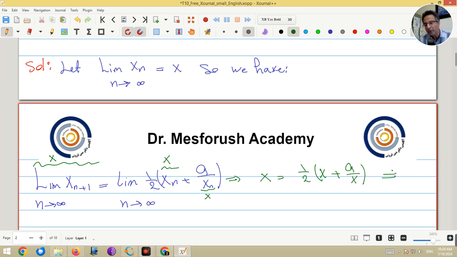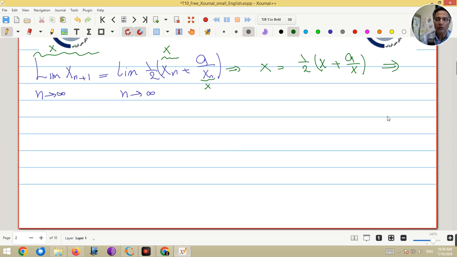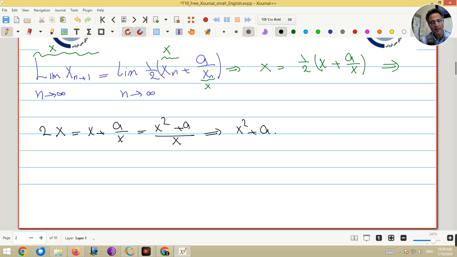Now you have to solve this equation and you can solve it easily. It's 2x equal to x + a/x, which is equal to (x squared + a)/x, and this gives x squared + a equal to 2x squared, and this gives x squared equal to a, and this gives x equal to the square root of a.